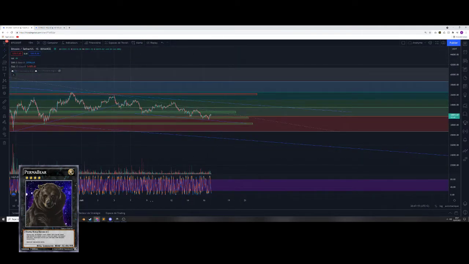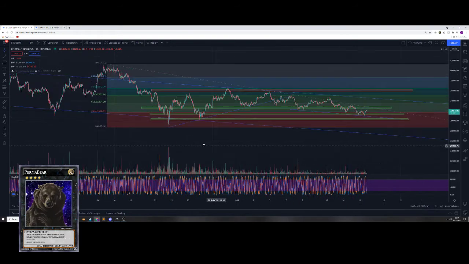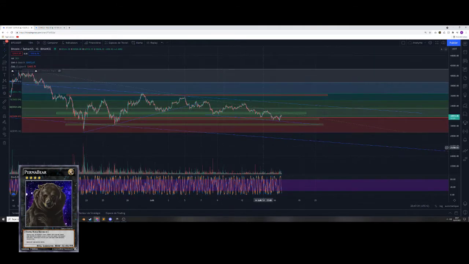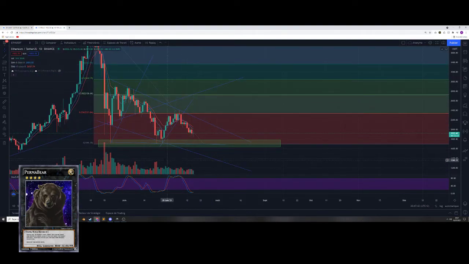No, a level higher. Yeah, 0.5? I'm not sure. No, it's 0.3. The 0.3 and 0.5 are also huge levels to make good shorts. But yeah, let's go back to ETH.